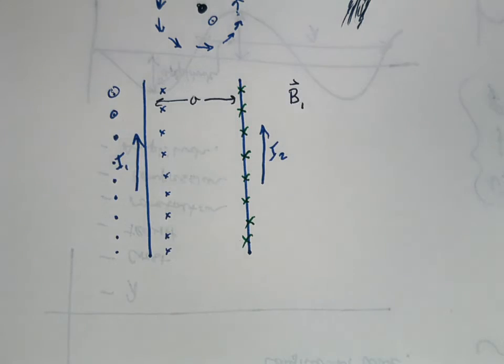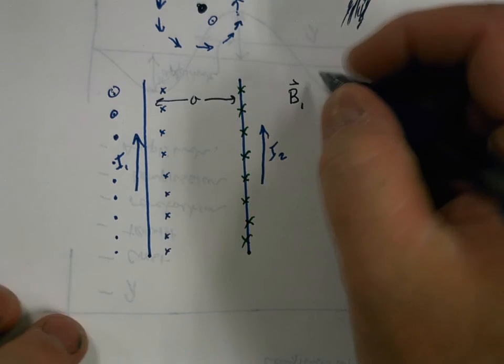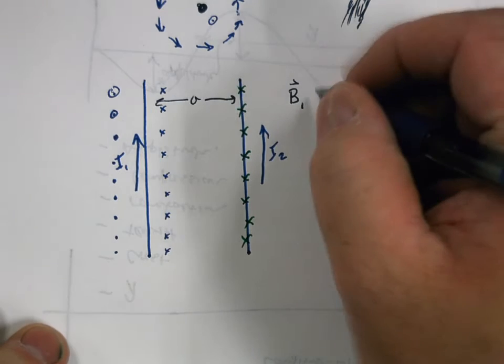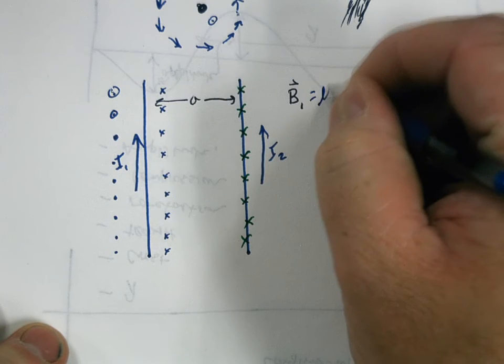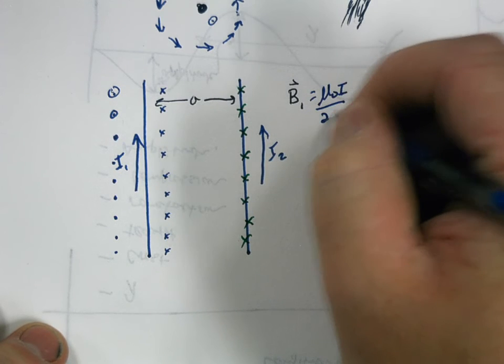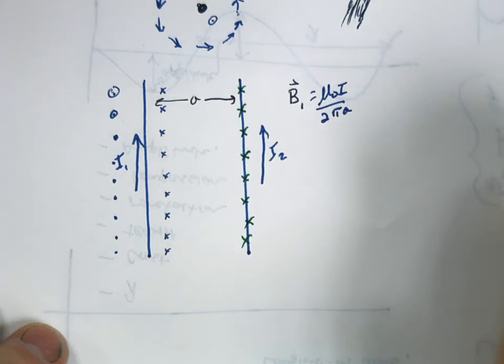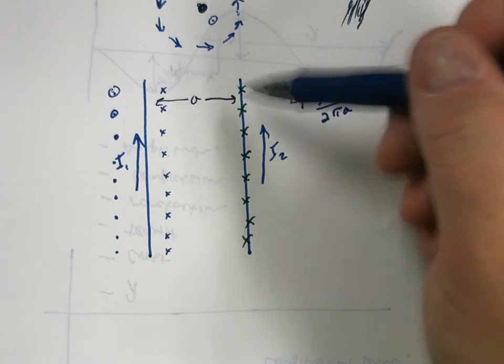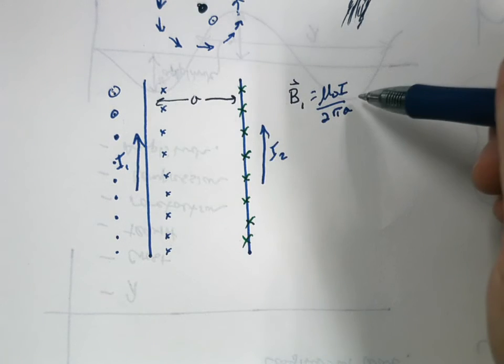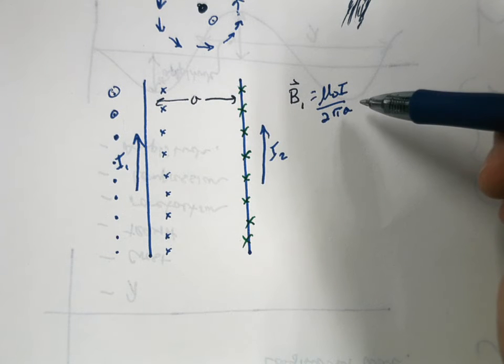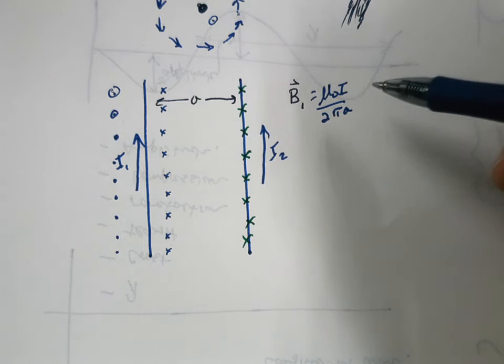So this magnetic field is going to equal, if it's some distance away, mu naught I over 2 pi A, right? Any particular point on this line is going to experience this magnetic field. So every point on the wire experiences this magnetic field if they're parallel.